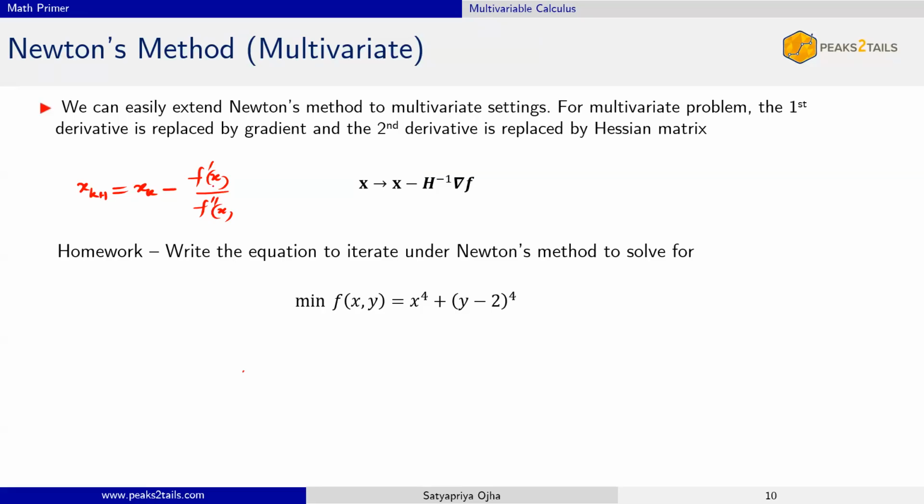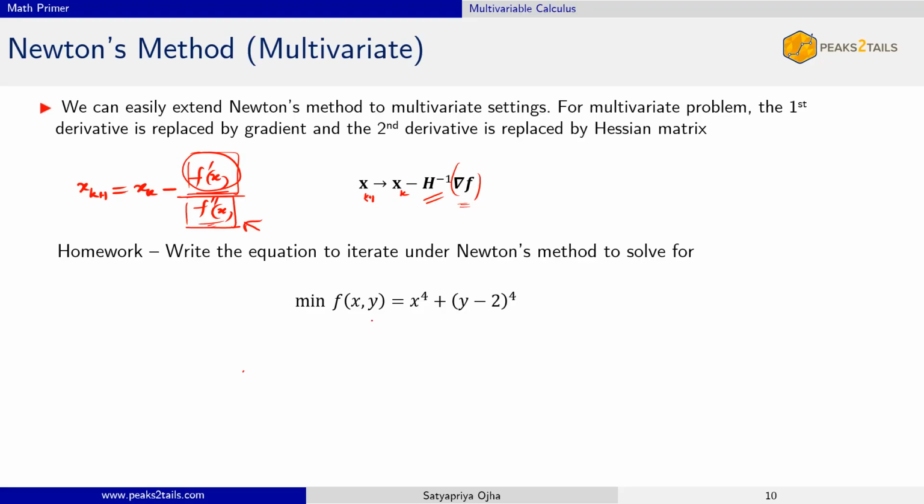This will become the gradient, and 1 divided by the double derivative would be the inverse of the Hessian matrix, because the Hessian is again a collection of double derivatives. So our new vector xk plus 1 is the old xk minus the inverse of the Hessian matrix times the gradient of f. That's the algorithm.